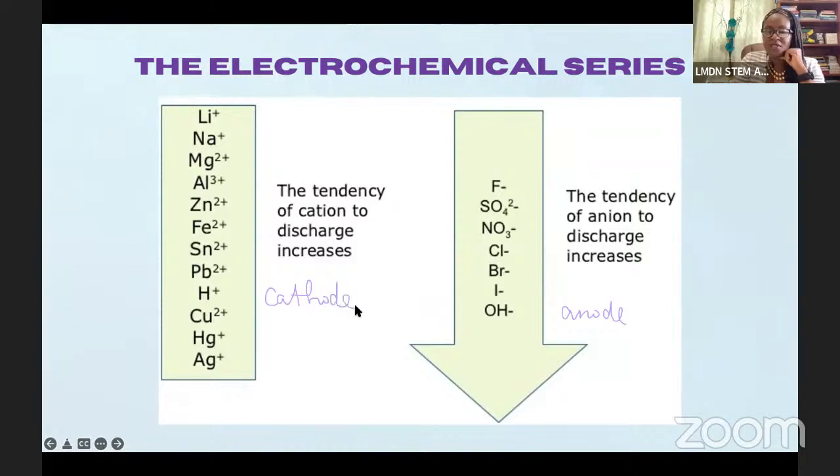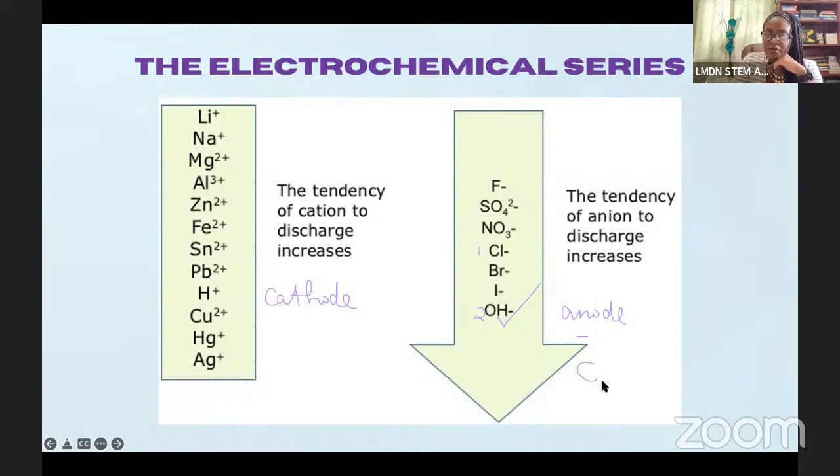Because the hydroxide is further down, this is the one that would win, and something would happen to it at the anode. What kind of reaction did we say happens at the anode? It's a class of reactions that typically take place at the anode, and the anode is where the anion is.